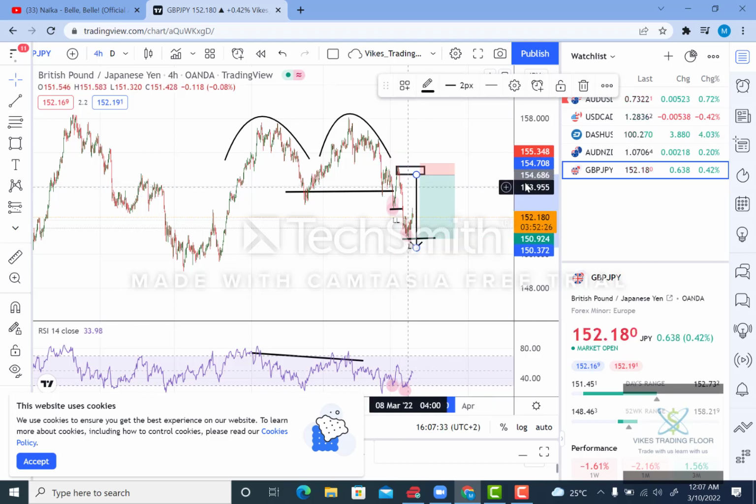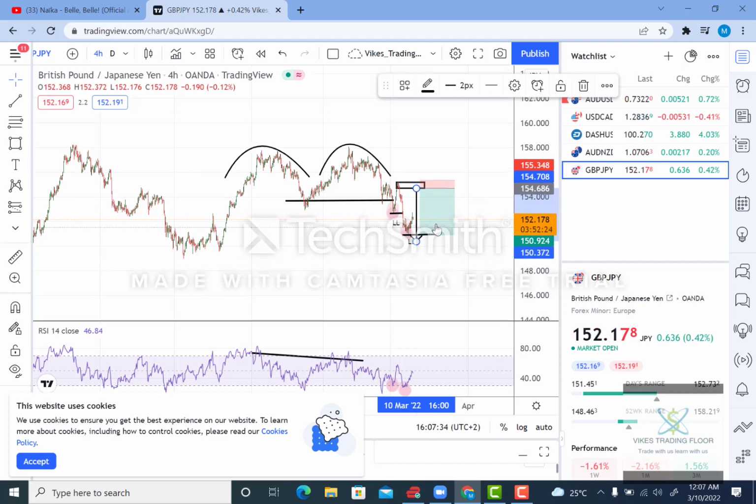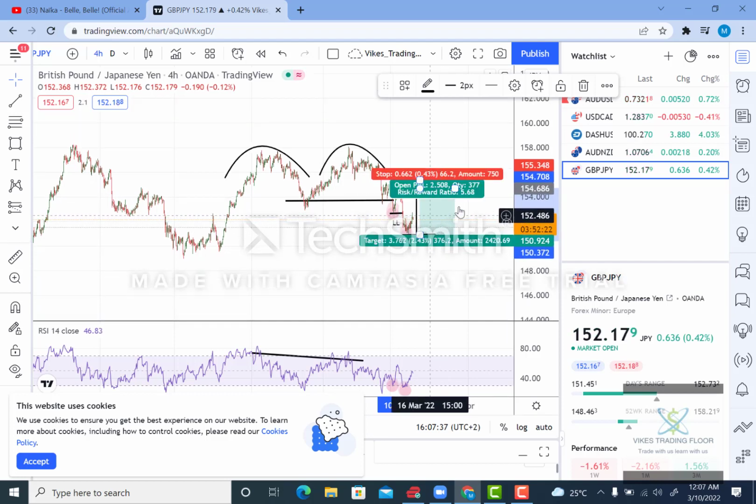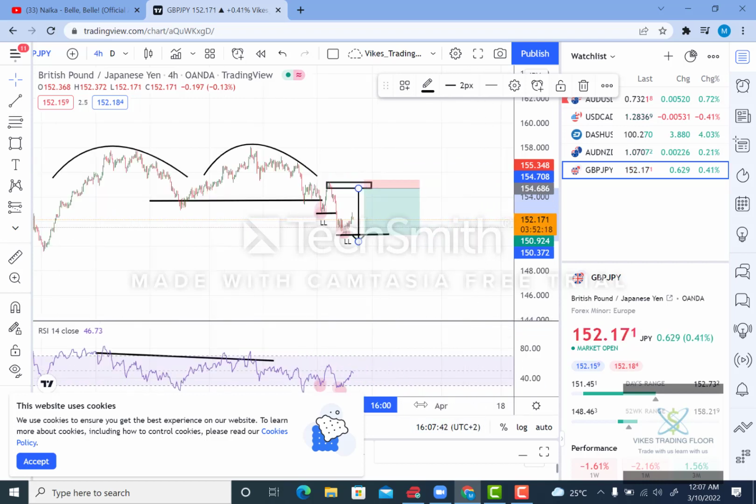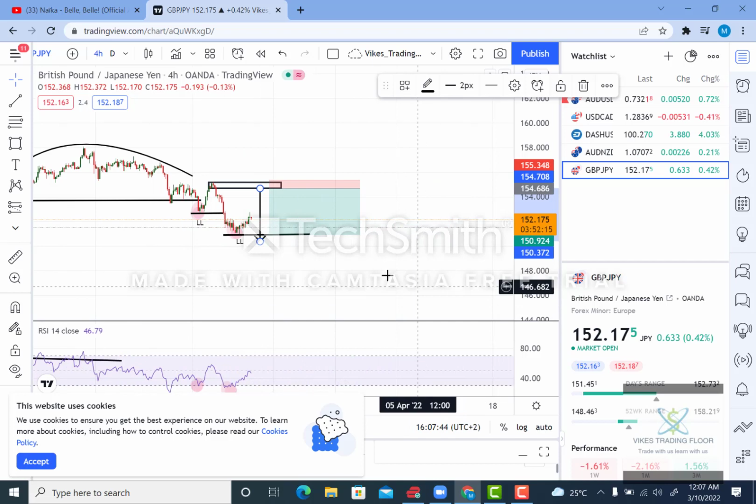So I will consider taking my profit with this first strategy, the ICT strategy.